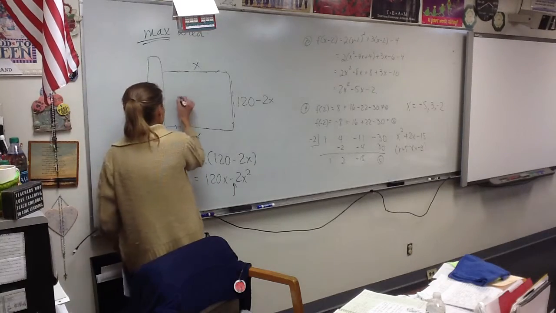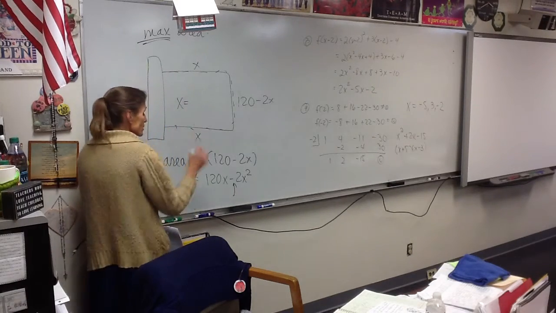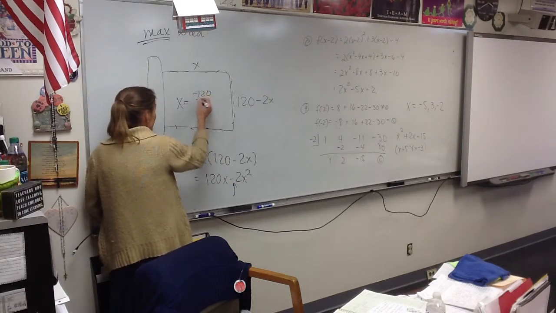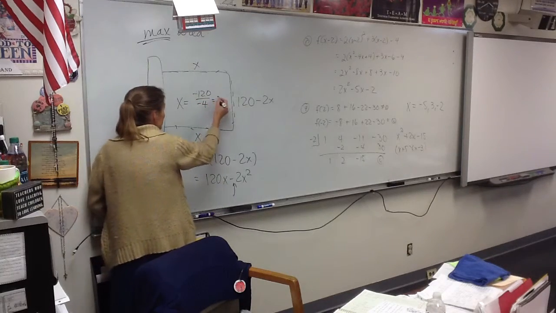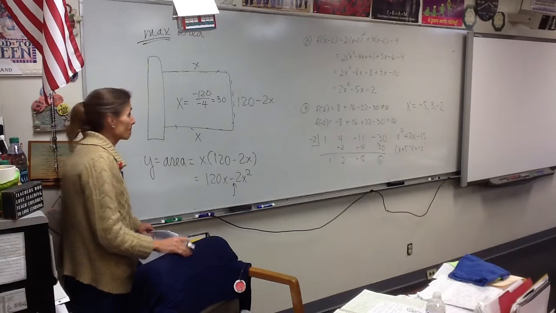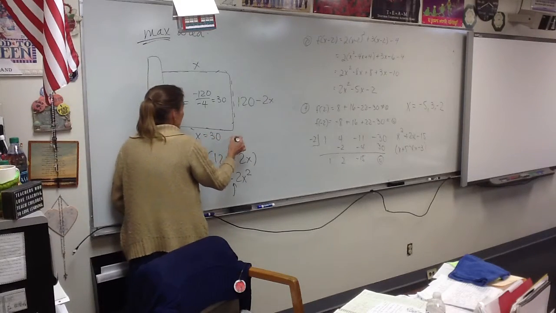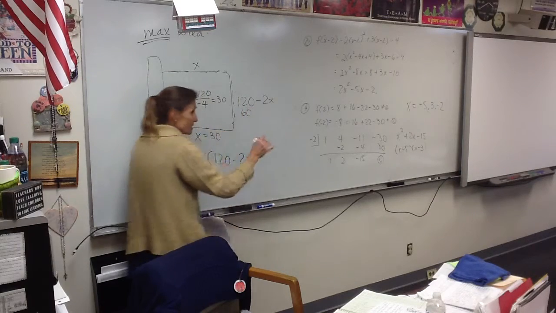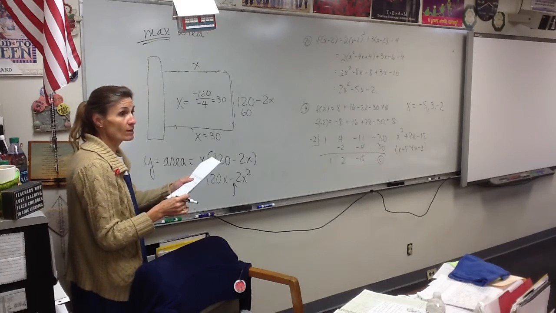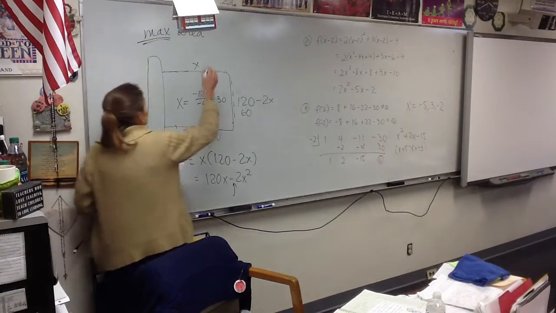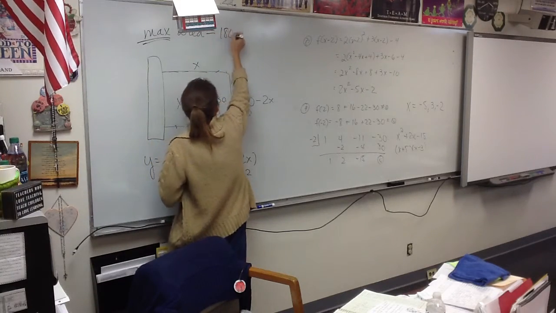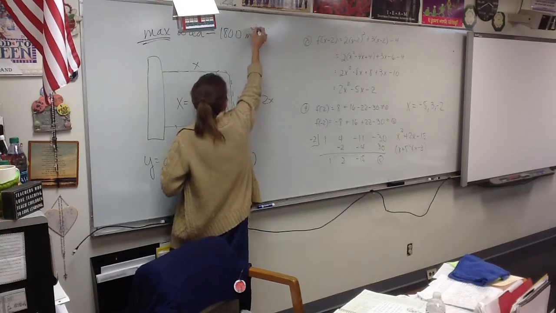How do I find my vertex? x equals? Watch it now, that equation comes out backwards. So negative b over 2a would be 30. So x is 30, and this would be 60, and then let's answer the question, what is the largest area? 60 times 30. So 1,800 square meters.